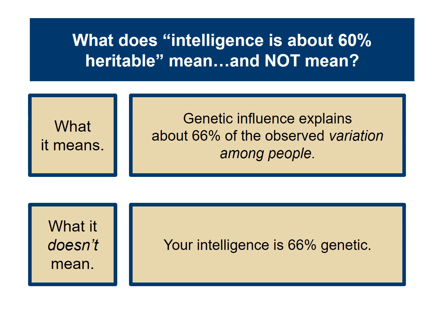Heritable intelligence does not mean you inherit 66 or so percent of your intelligence from your parents. It does mean that genetic influence explains about 66% of the observed variation among people with regards to intelligence.